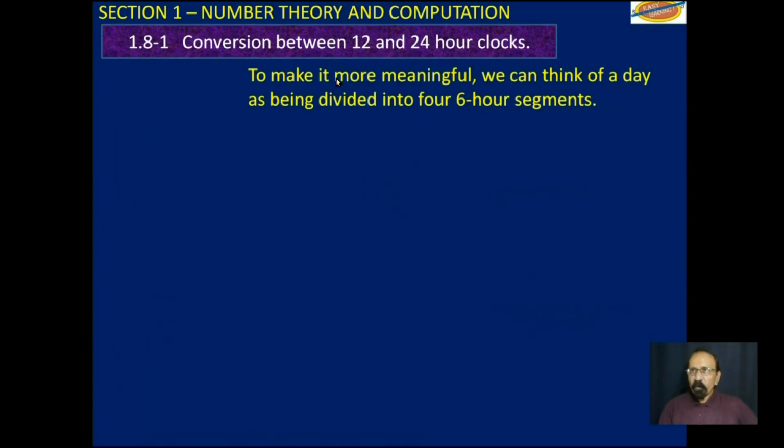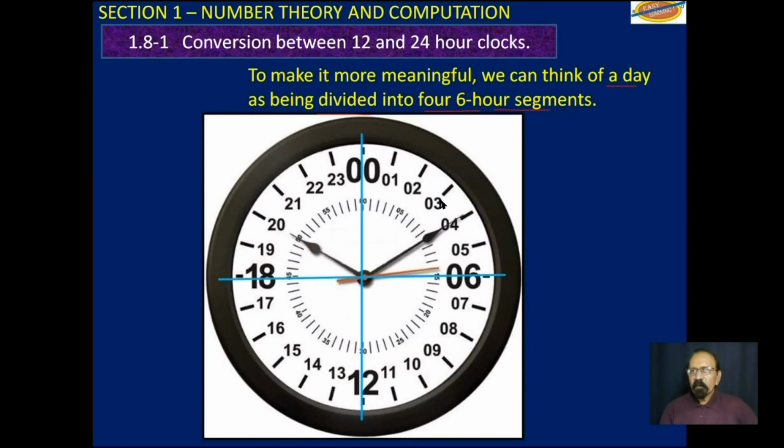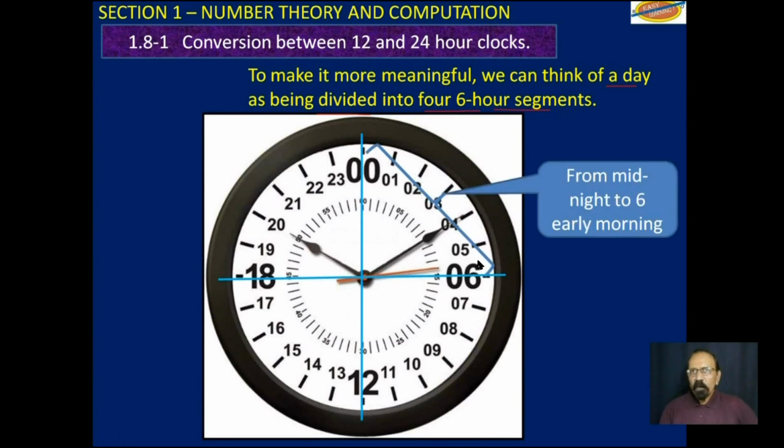Now, to make the 24-hour clock a little more meaningful, we can think of a day as being divided into 4 6-hour segments. You have one segment here, which is from midnight to 6 in the morning, like sunrise.